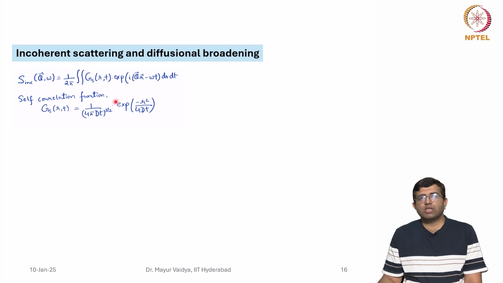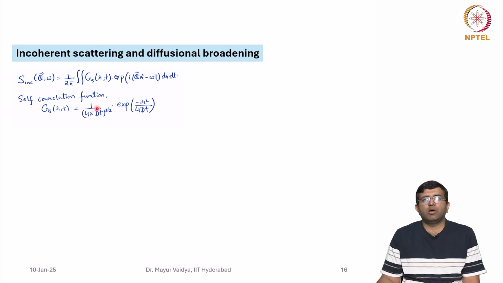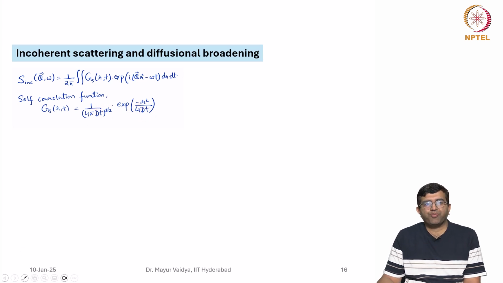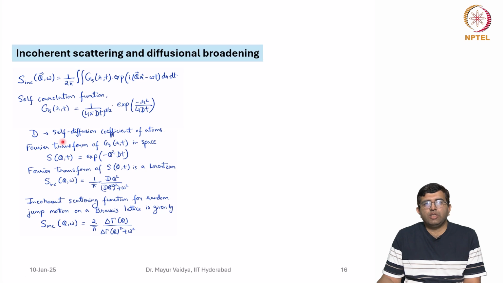And this self correlation function follows a Gaussian behavior, which is equal to 1 by 4 pi Dt to the power 3 by 2 exponential minus r square by 4 Dt. So, this D comes into picture here. D is the self diffusion coefficient of atoms.